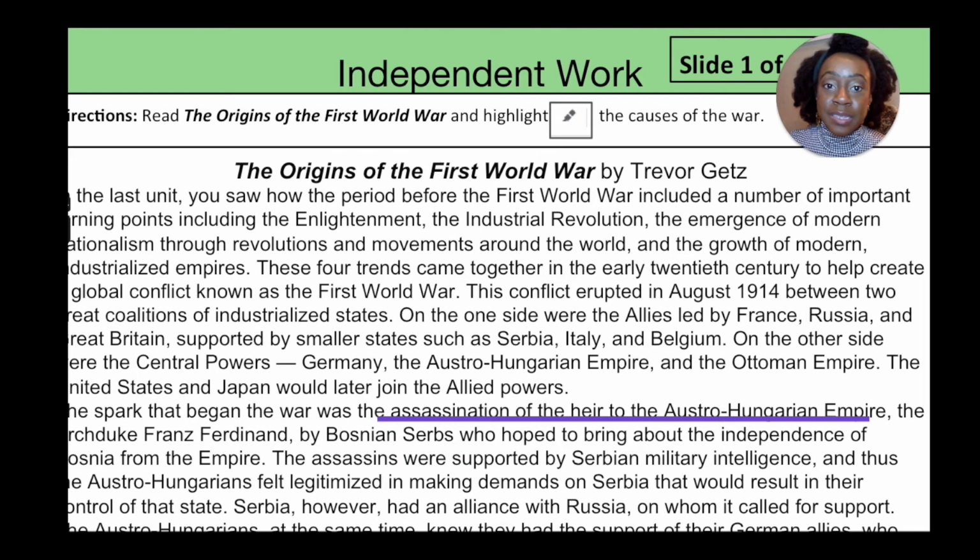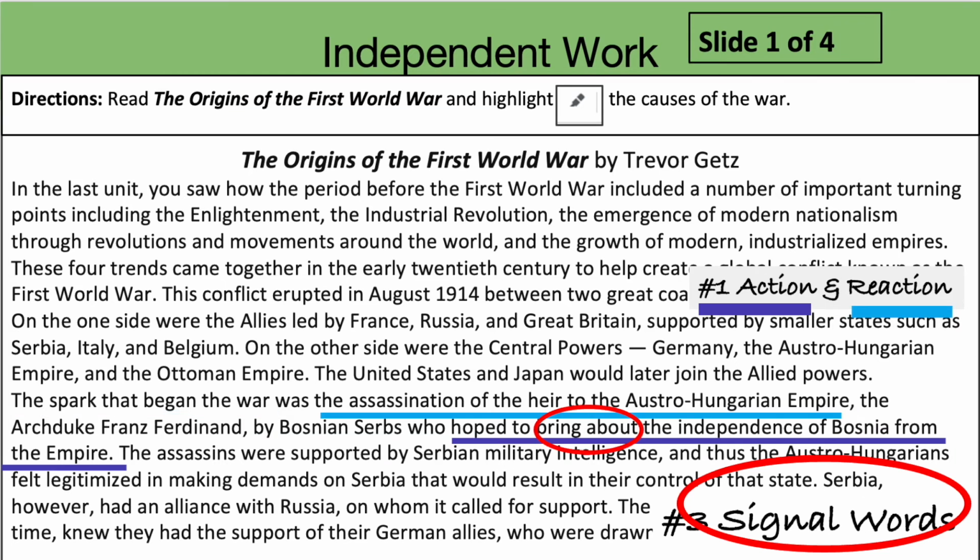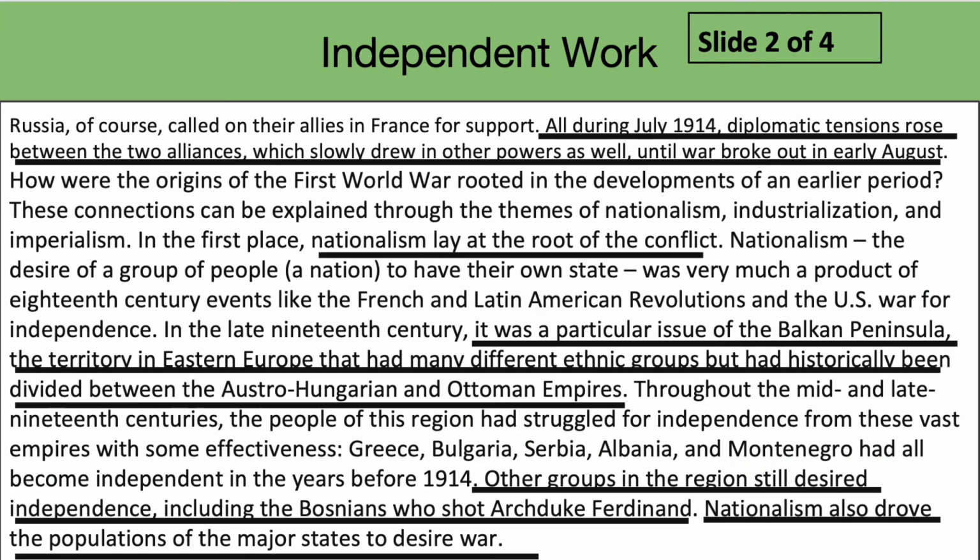This part of the sentence, the assassination of the heir to the Austro-Hungarian Empire, is an example of an action, and the war following was the reaction. So it's an example of action and reaction. And we also have bring about, which signals to me that some sort of change is going to follow. So that's a signal word there.